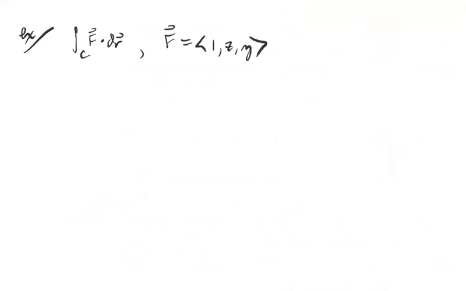So F is a vector field on three-dimensional space. And C is parametrized by r of t equal to (cos t, sin t, t squared), where 0 is less than or equal to t, which is less than or equal to pi.